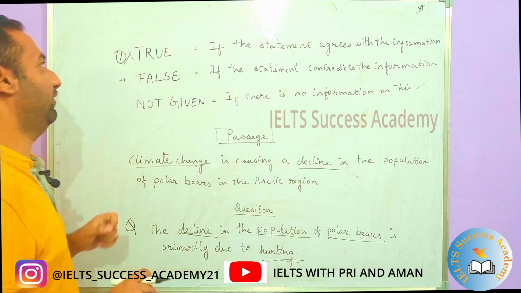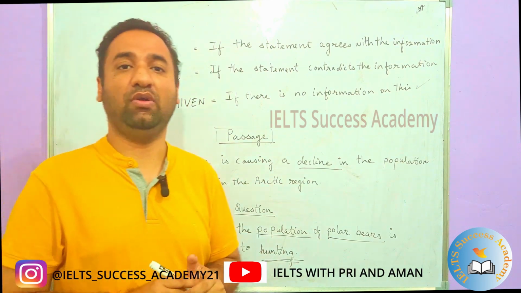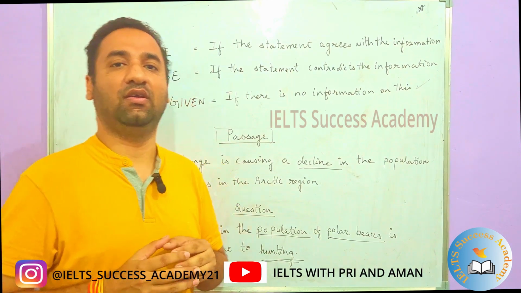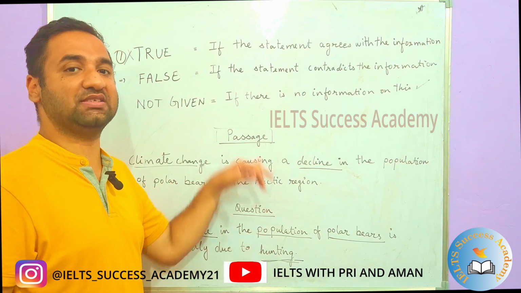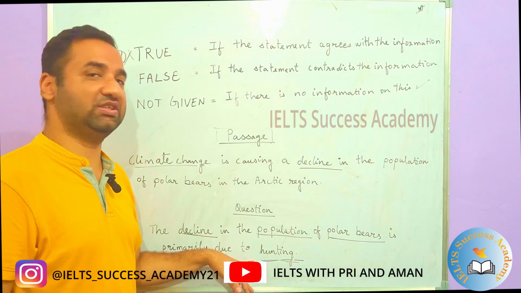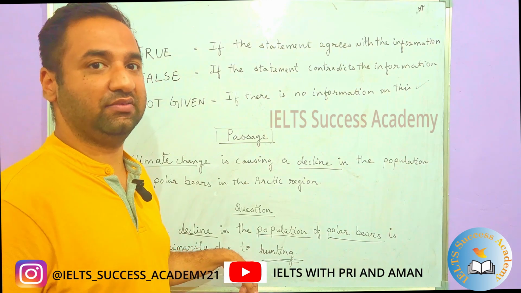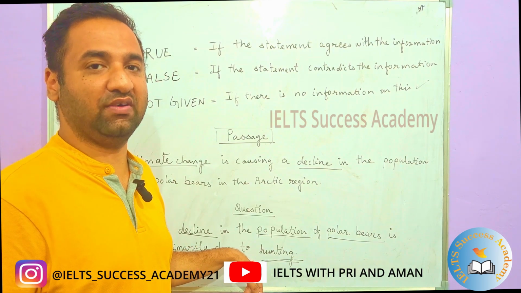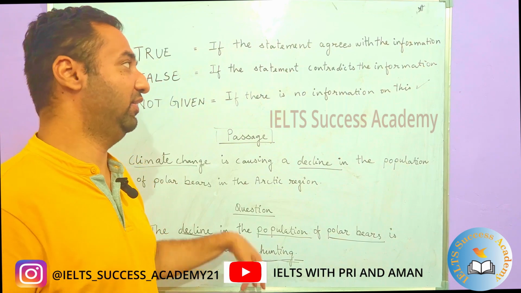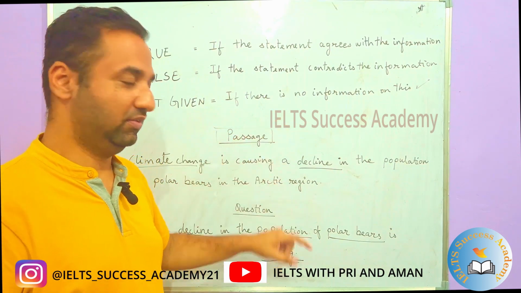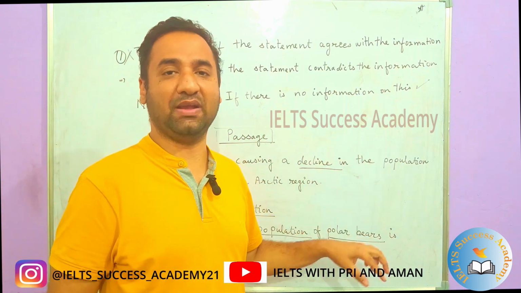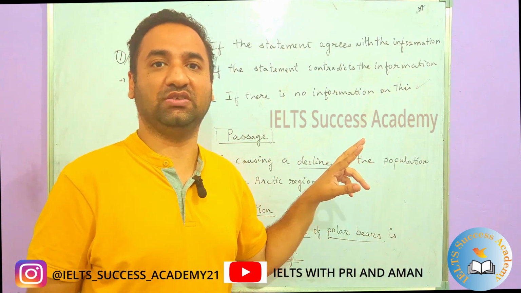True, false, not given are all about meaning. The meaning should remain the same. If the question says that Titanic was discovered in 1918 and the passage says that Titanic was discovered in 1920, the question and the passage have two different pieces of information, right?